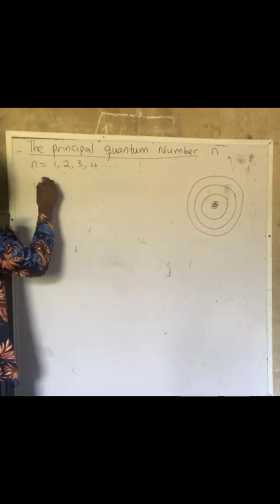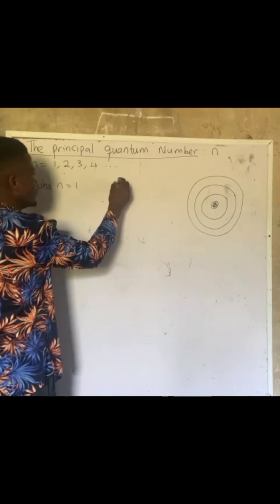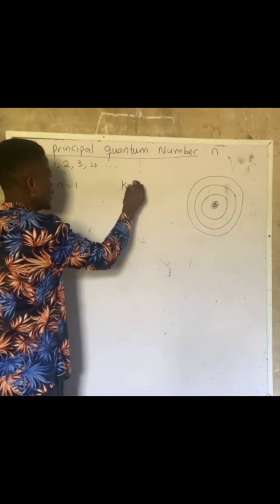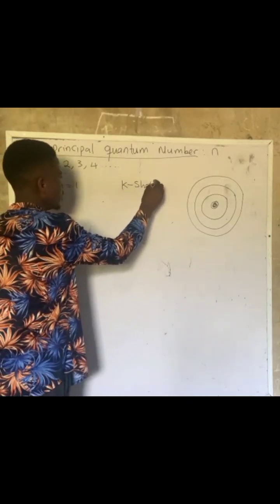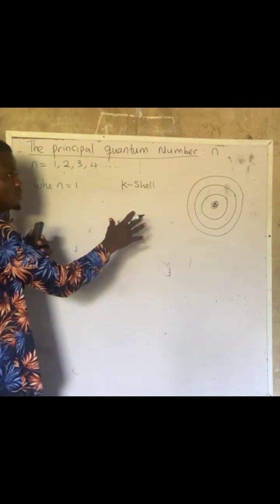So when N equals 1, it is describing the K shell, the first shell after the nucleus, the simplest energy level.